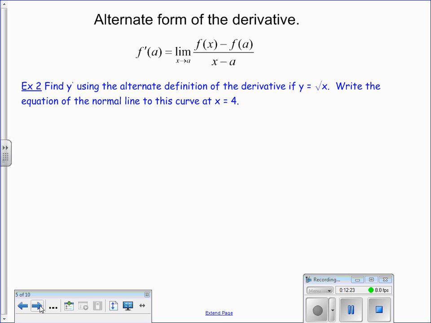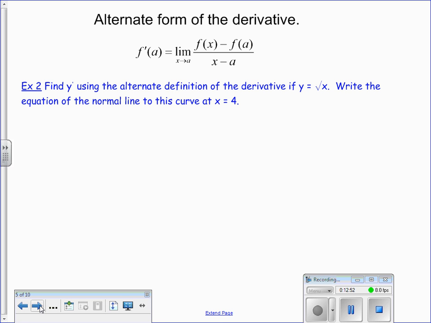Alternate form of the derivative. This only works when you're looking for it at a particular value, or you're trying to find it for f of a. It's one that doesn't work well though.